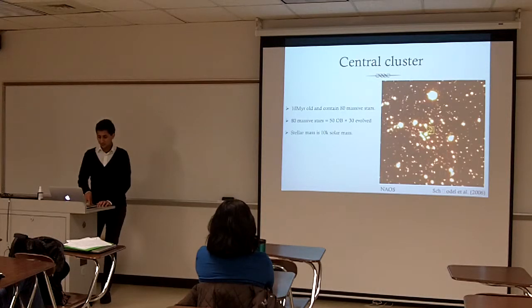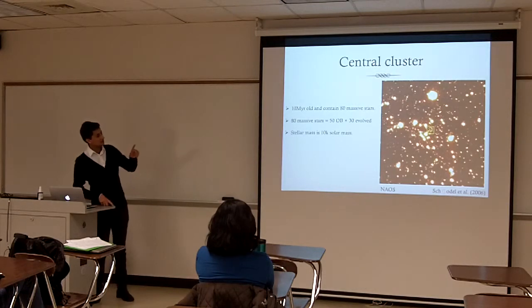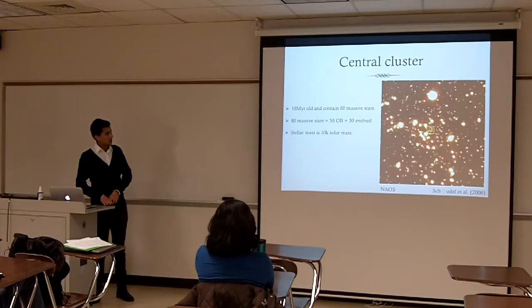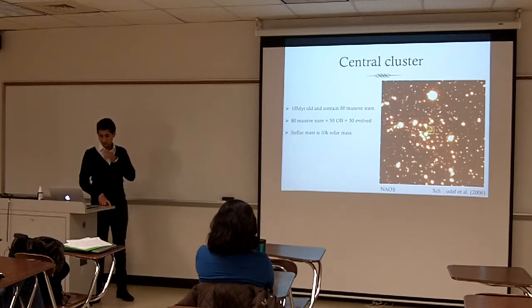The picture on the right is taken in K band, and it shows that all the brightest stars are around in the picture. These are the O-type stars, and the square in the middle is the S stars around the supermassive black hole.